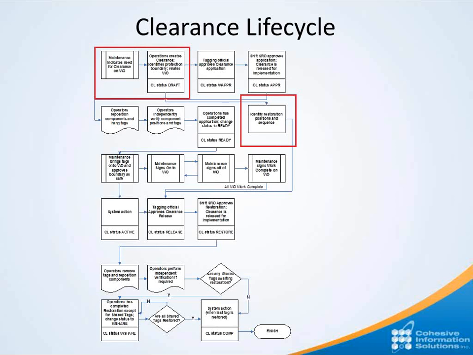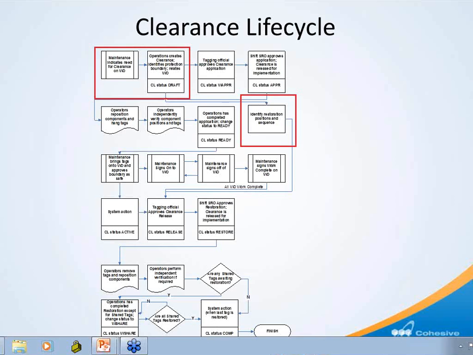This doesn't reflect capabilities of revisions. It's just showing you the creation of a request for a clearance through generation, execution, restoration, and completion. We'll refer back to this diagram several times in the presentation.